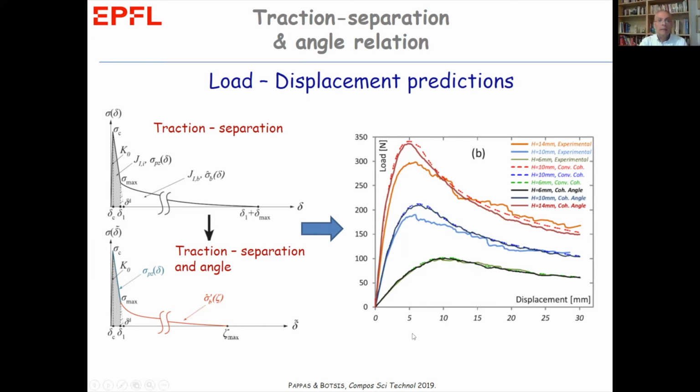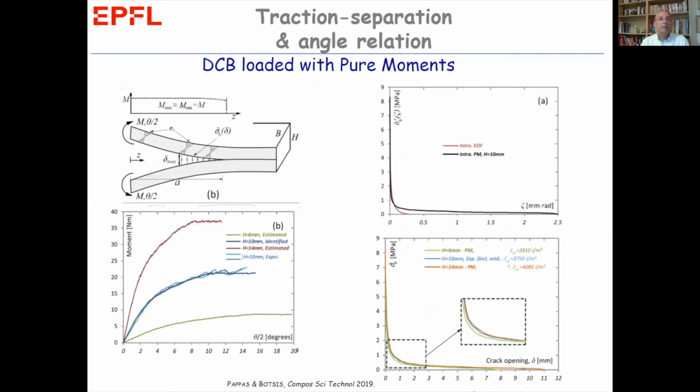And the last slide of my talk is again on DCB loaded with pure moments, comparing its behavior to the specimen loaded under end opening forces. So for a single thickness under pure moment, we identify the traction separation relations, and from the also calculated crack opening angle, we constructed the sigma as a function of zeta, which is here the black line.